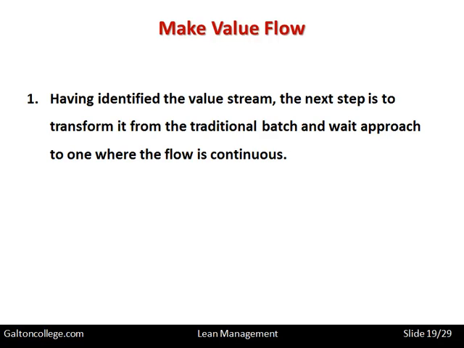Having identified the value stream, the next step is to transform it from the traditional batch and wait approach to one where the flow is continuous. So we have two concepts here. One is the so-called batch and wait.